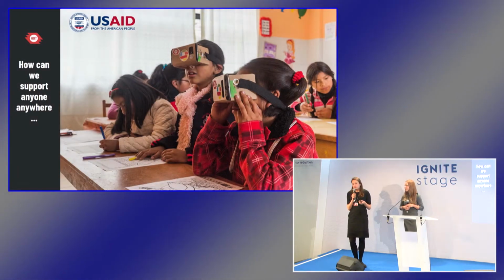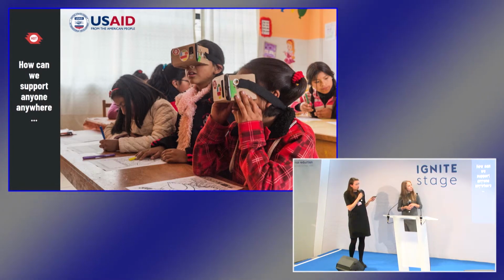And then this final example goes back to what I said at the beginning: we really believe that anyone, anywhere can be a mapper, and that for data to fully support DRR, that has to be the case, because the information we need is huge in volume and incredibly localized in content. This is a photo from a project I'm working on where I live in Peru, where we're trying to engage youth in the region to create maps of the places they live.